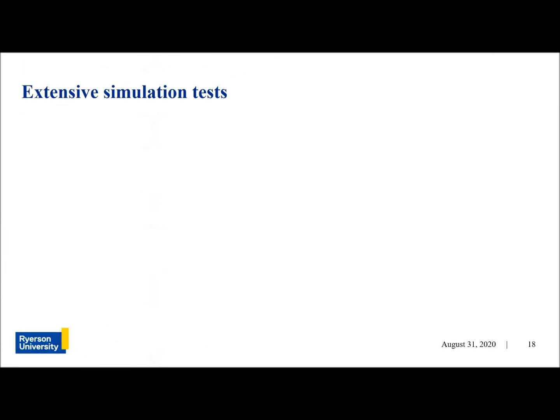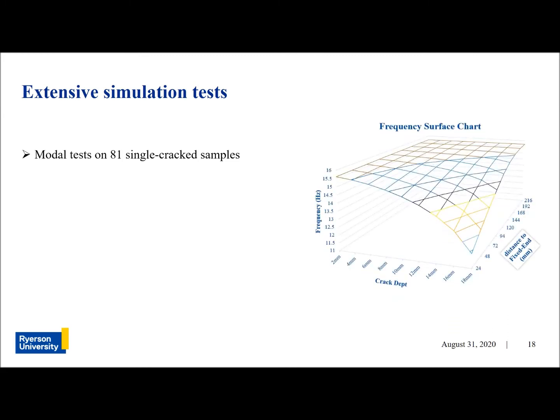In order to further investigate the problem in hand and to overcome shortcomings associated with the limited number of test results, a large set of 81 defective models were generated and analyzed in ANSYS. The FEM-based modal analysis was then performed on defective samples with a single crack of various depths and locations from the fixed end.